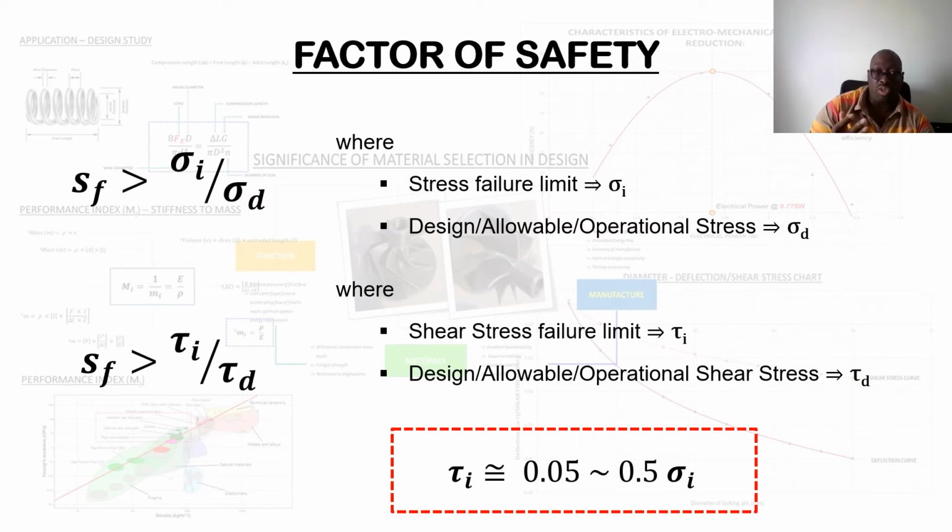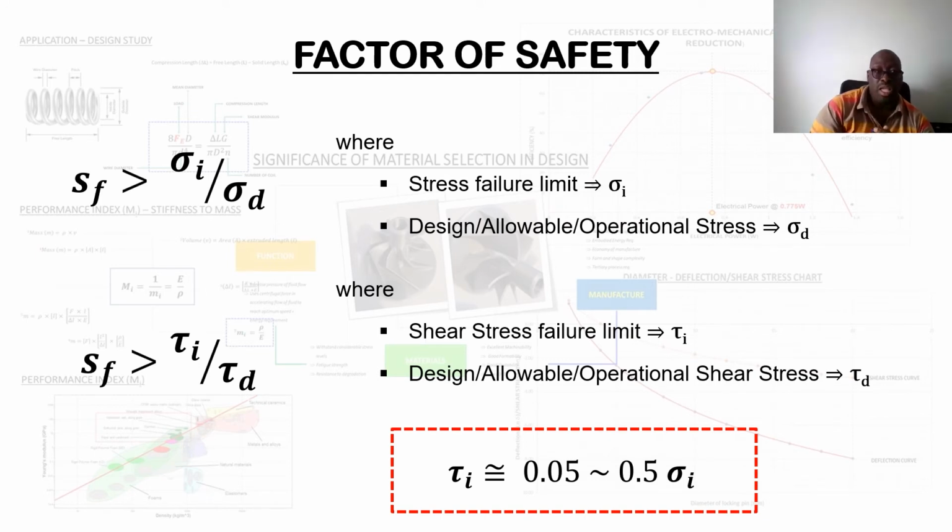Again, it's more or less down to the designer's understanding of the material that they want to realize a particular component from. And sigma d is basically the design limit, or the allowable or operational stress that you want the material to measure to in terms of the measure of stress due to loading conditions.